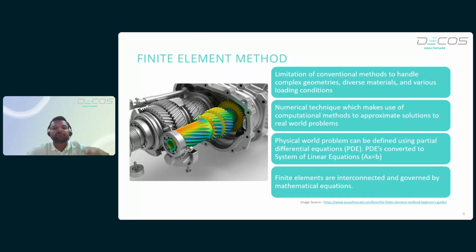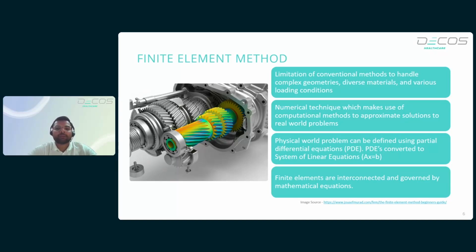Okay, hence different physical phenomena are depicted by using differential equations. Now, these differential equations can be utilized further in the finite element method and solved. They are converted to a system of linear equations. The numerical methods used in the finite element method are derived from Newton's law of motion, conservation of mass and energy, and the laws of thermodynamics.